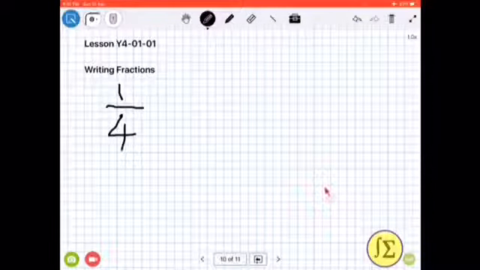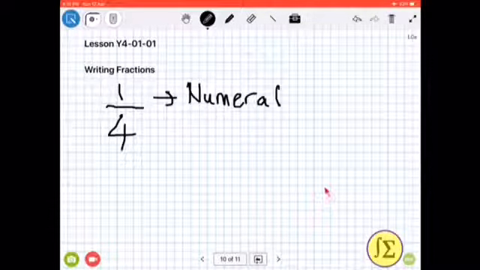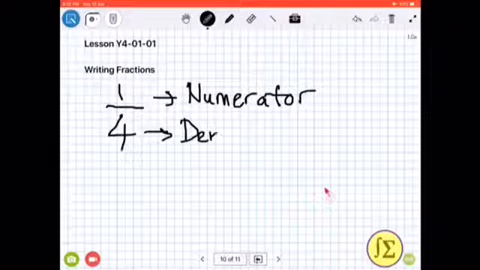Okay, so the number on the top is called a numerator. And the number at the bottom is called a denominator.